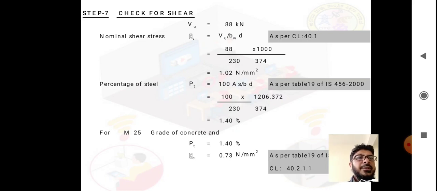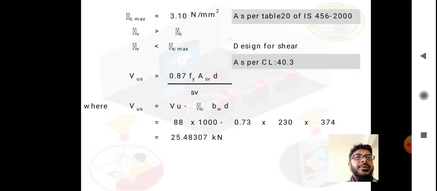You can refer table 19 and clause 40.2.1.1 of IS 456 2000. And again you have to check from table 20 also the value of tau C max. For M25 grade concrete it will be 3.1 Newton per mm square.